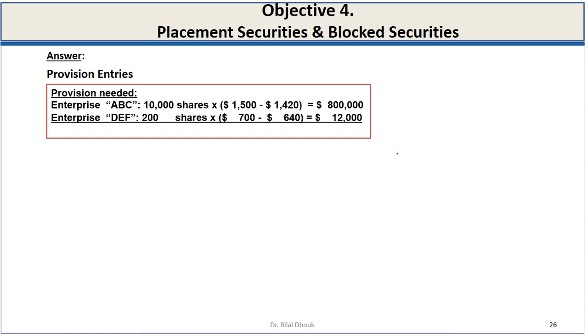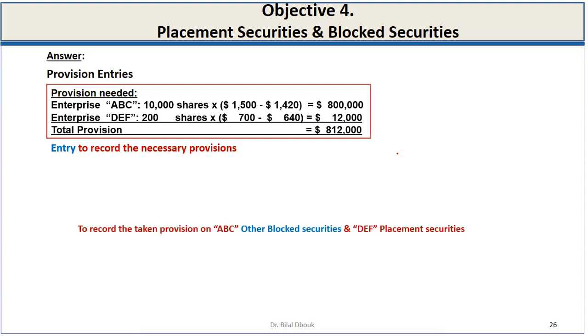For DAF shares, I have 200 shares. The decrease equals $700 minus 640. I got $2,000 in total as a provision. So for ABC shares and DAF shares, I have a total provision to record of $812,000.